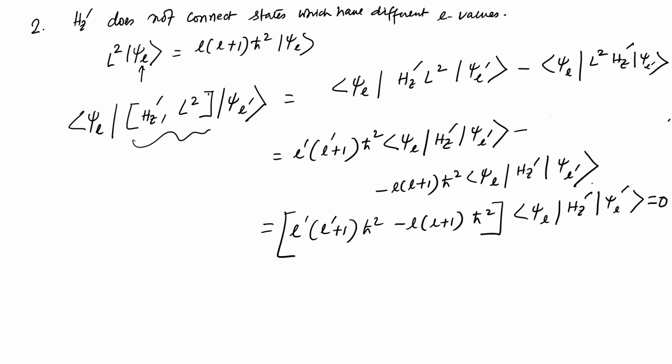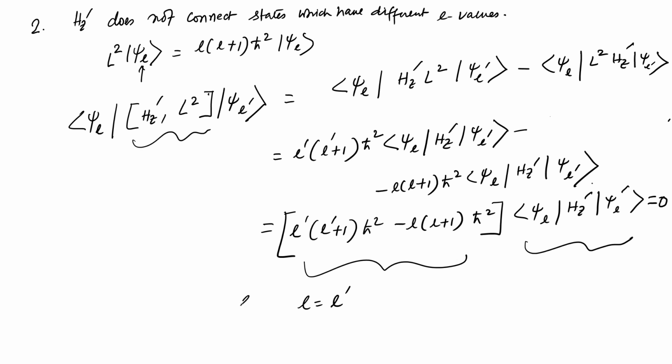Now, that tells us that either this is equal to 0 or this is equal to 0. Okay. So, the first bracket is equal to 0 when L is equal to L prime, and when L is not equal to L prime then the first square bracket is not equal to 0, but the matrix element of H_z prime is equal to 0.